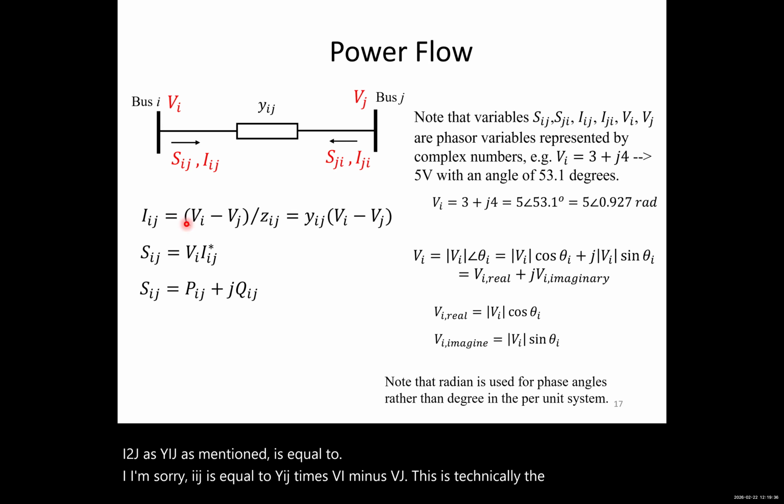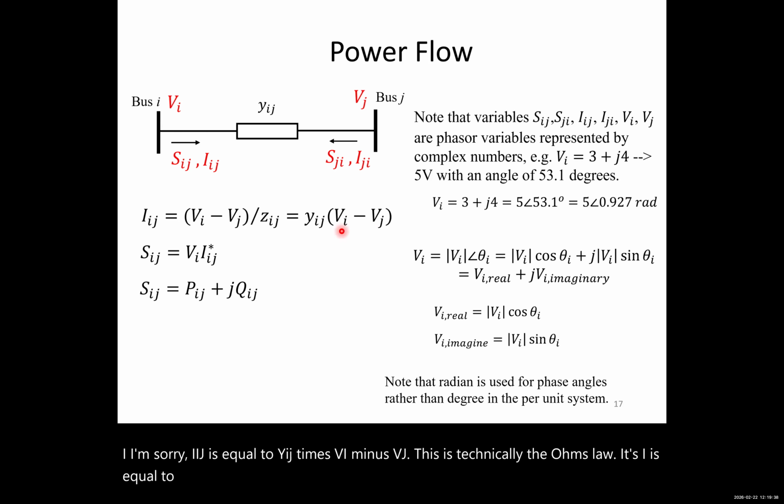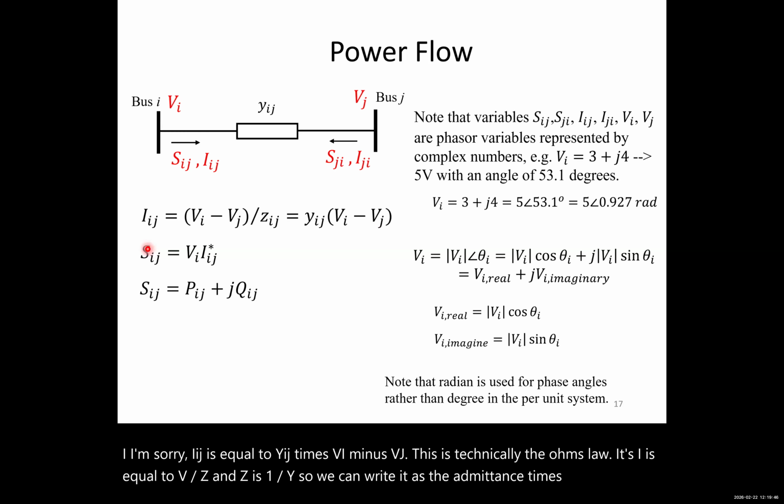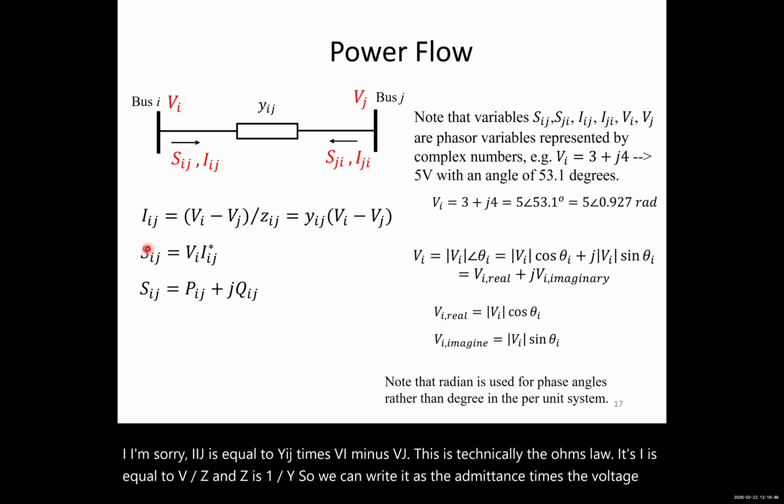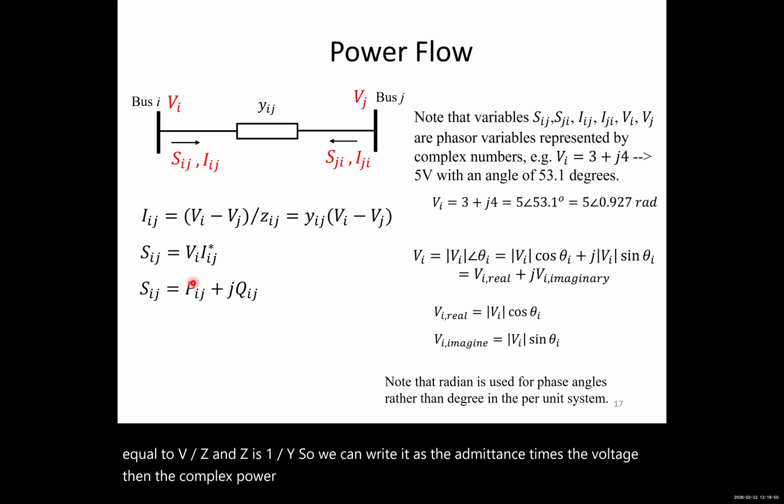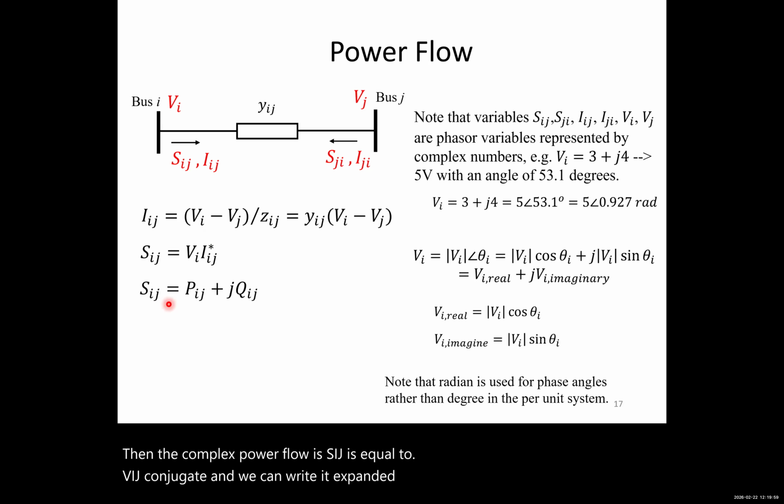I is equal to V over Z, and Z is 1 over Y, so we can write it as the admittance times the voltage. Then the complex power flow is Sij equal to Vi Iij conjugate, and we can write it expanded like this. Sij would be equal to Pij plus jQij.